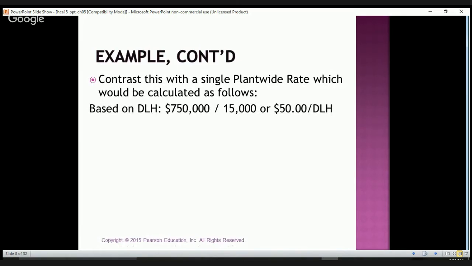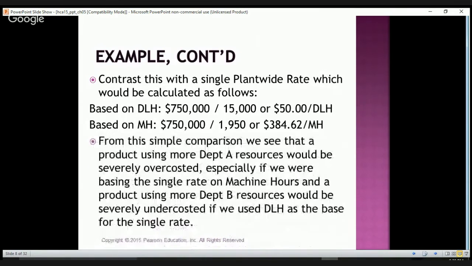Now let's take a look if we did it the other way, over the plant-wide. We would take the 750,000 and divide it by 15,000, and we would get the $50 per direct labor hour.